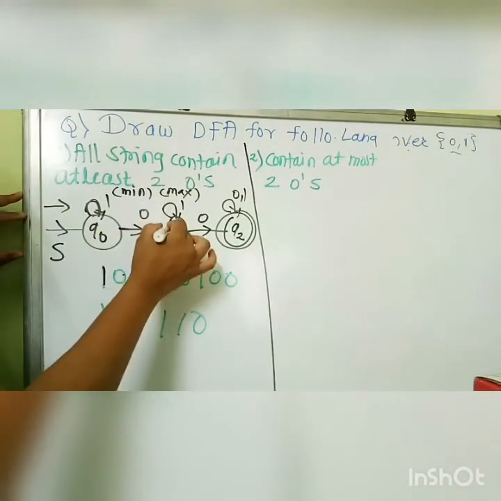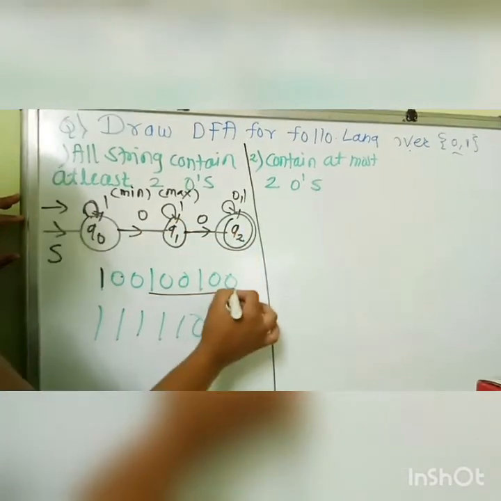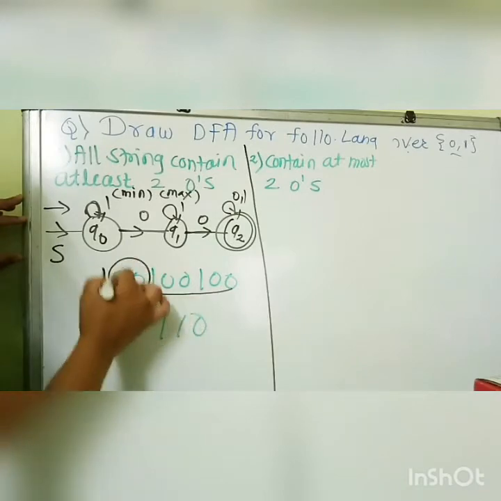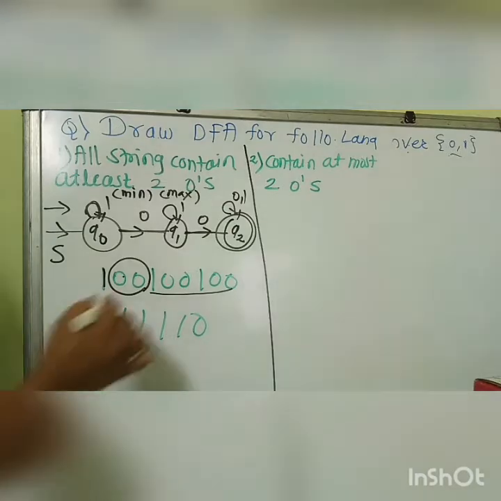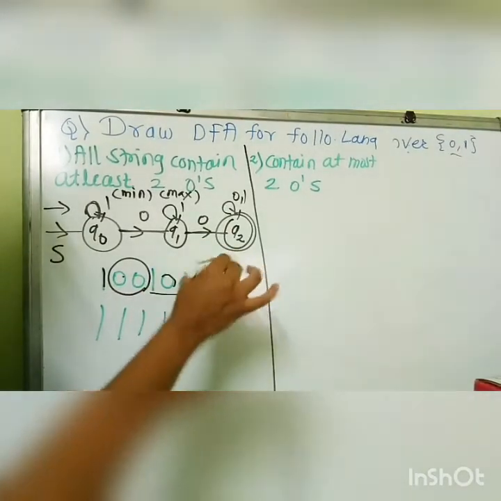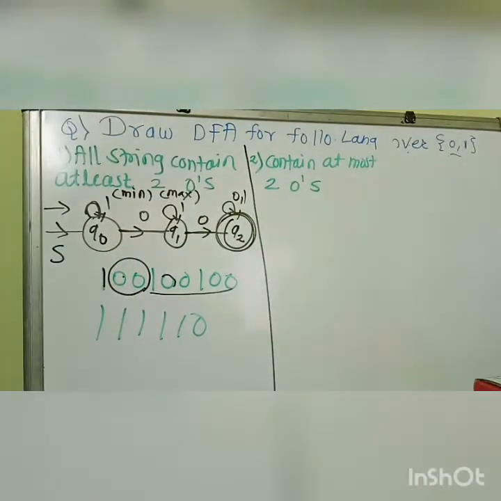If 0 comes, go to the next. If 0 comes, go to the next. For the remaining 0s and 1s, you have satisfied the minimum condition of two zeros, so whatever the remaining input is, it would be accepted by your machine. So this is the correct machine.